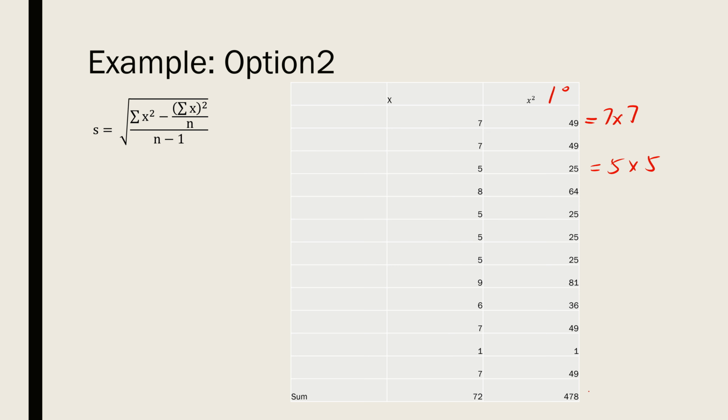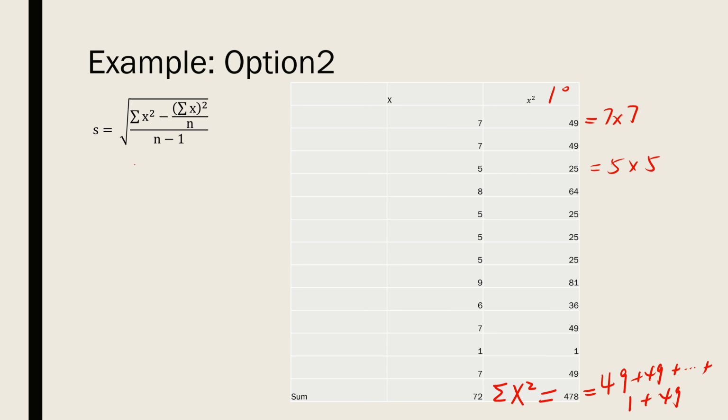Then you want to add all x squared in this row, which is 49 plus 25 plus everything else. The last two are 1 and 49. This is denoted as the sum of x squared.